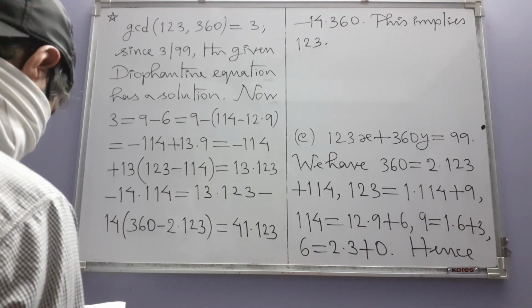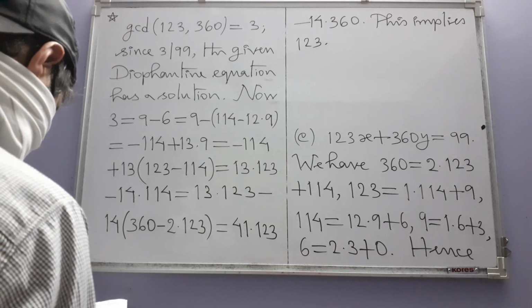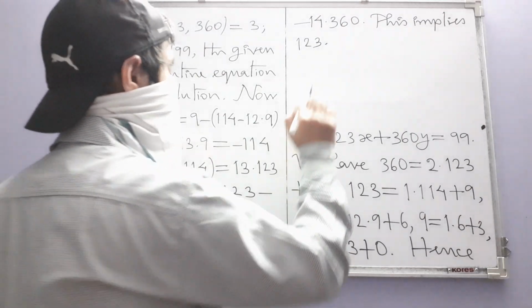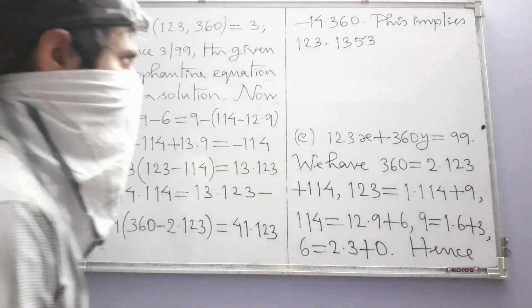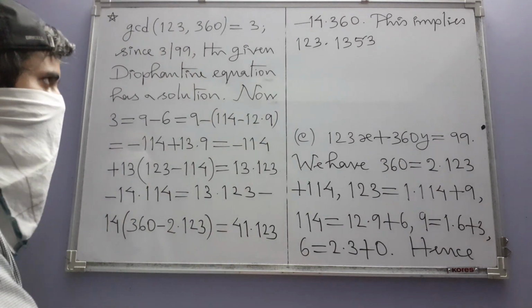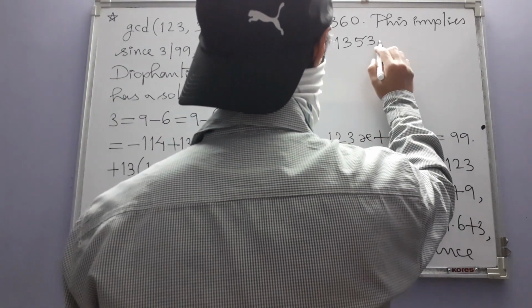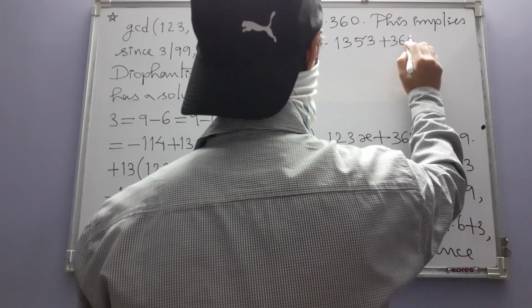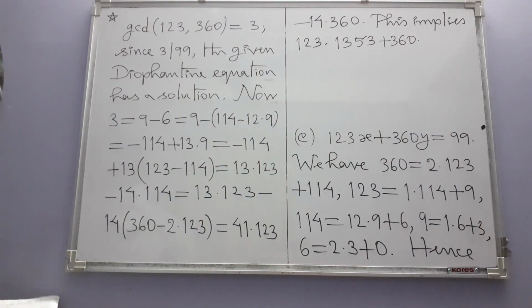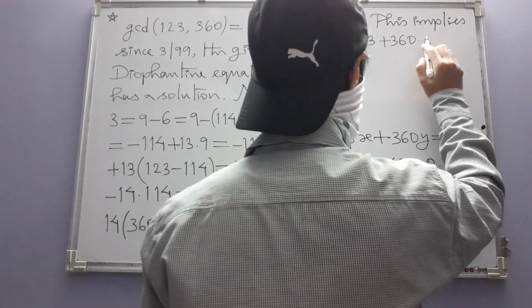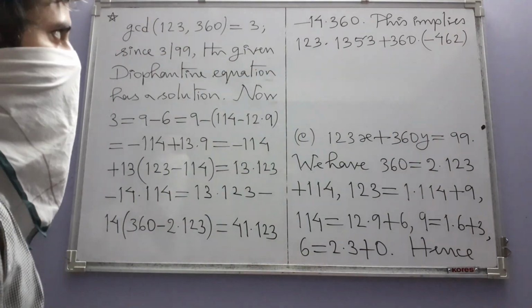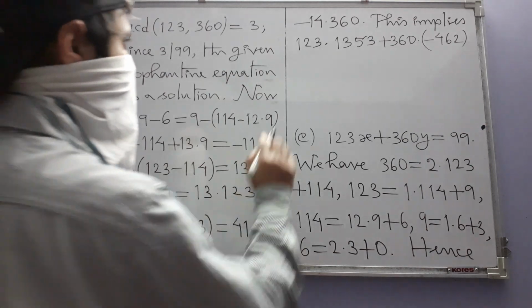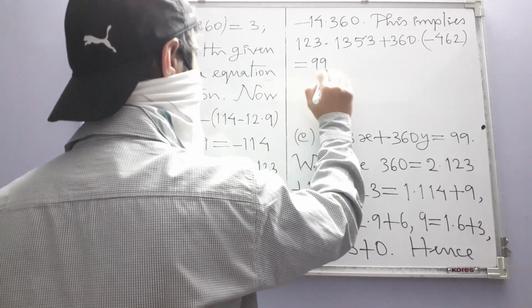Oh, okay. 1353, that is 41 times 33, plus 360 times, this one will be minus 462, which is 14 times 33, that is equal to 99.